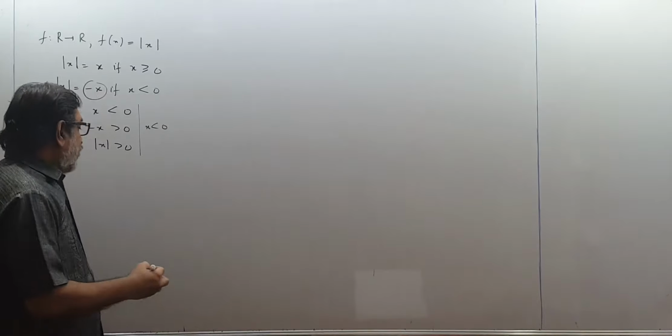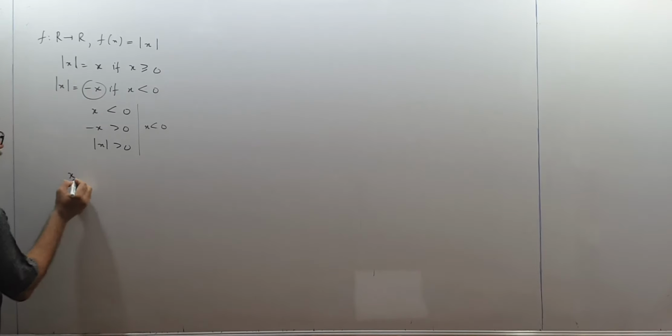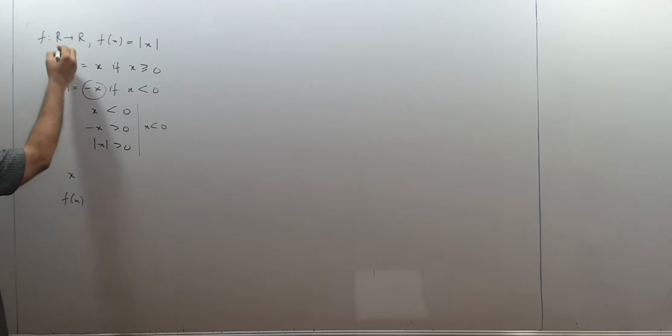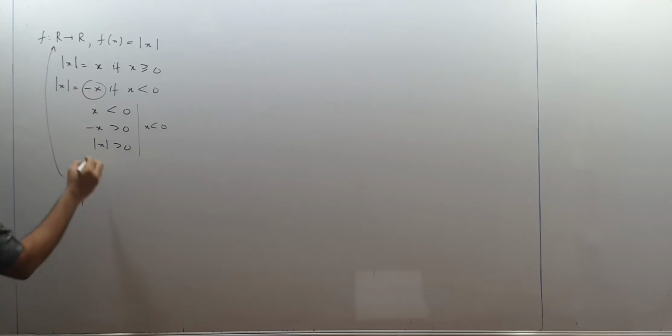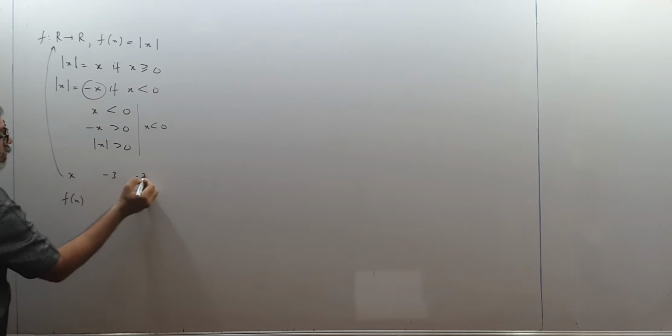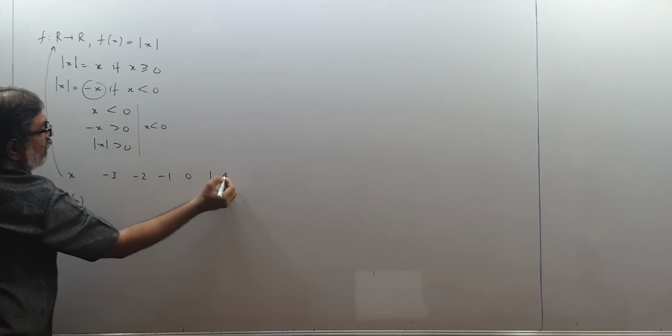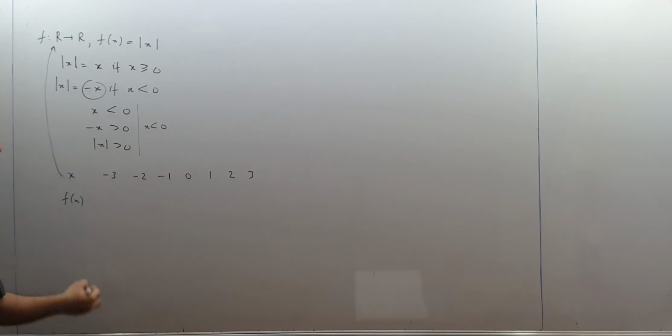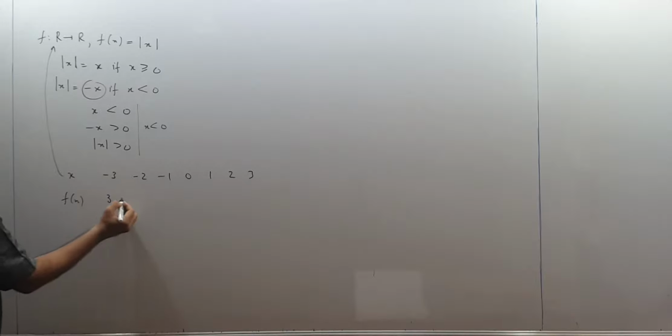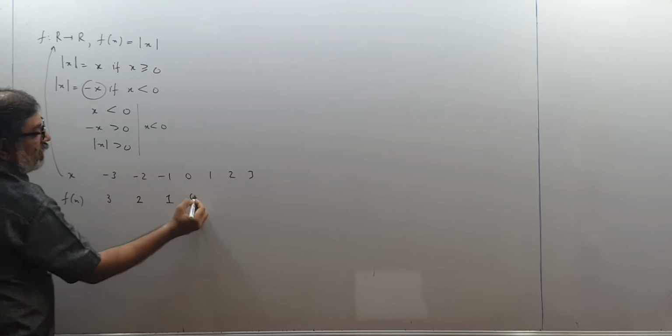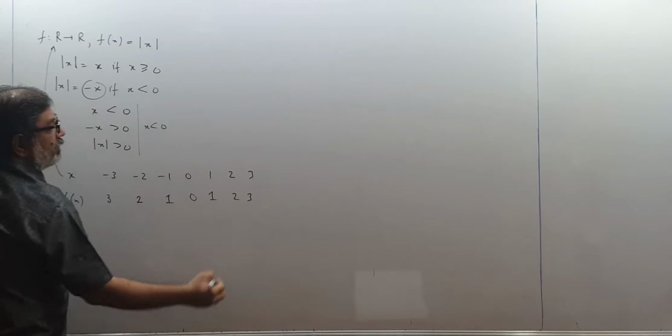So if I try to plot the graph of this function f(x), take some values of x from the domain. So I write minus 3, minus 2, minus 1, 0, 1, 2 and 3. Mod of minus 3 will become 3, this will become 2, this will become 1, this is 0, 1, 2 and 3.